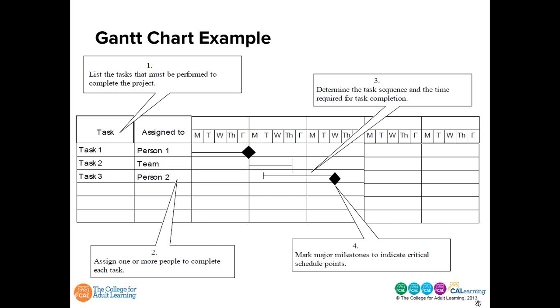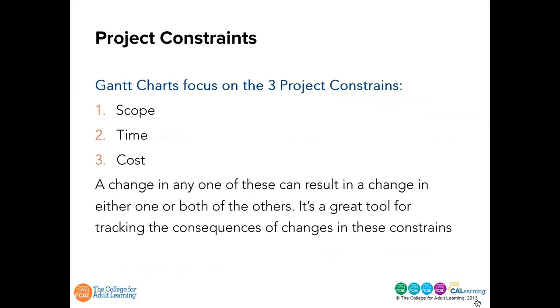Gantt charts focus on the 3 great project constraints of scope, time and cost. A change in any one of these can result in a change in one or either or both of the others. So it's a great tool for tracking the consequences of changes in any of these 3 constraints.